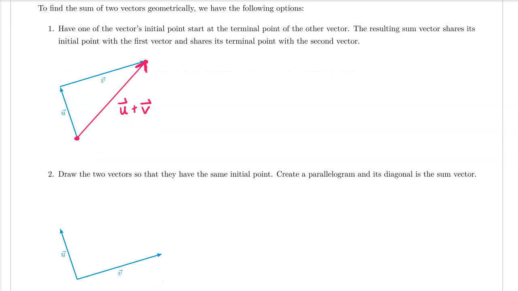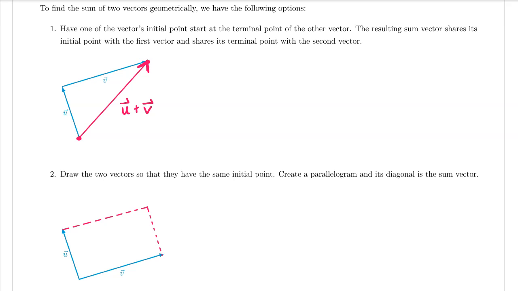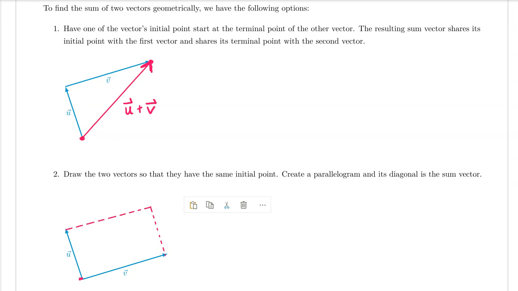The second way we could do this is we could draw the 2 vectors so that they have the same initial point, and then we can create a parallelogram, and its diagonal is the sum vector. So I'm going to go ahead and fill in the parallelogram, and then we can go from there. Okay, so now my sum vector is going to start here and end here because it's going to be the diagonal of our parallelogram.